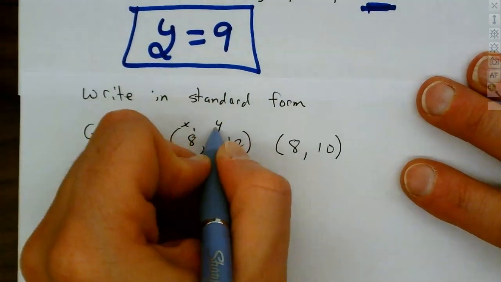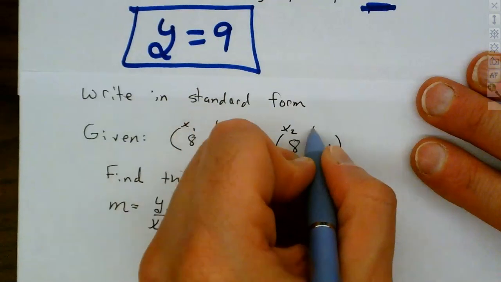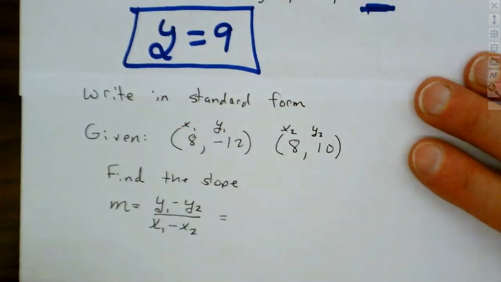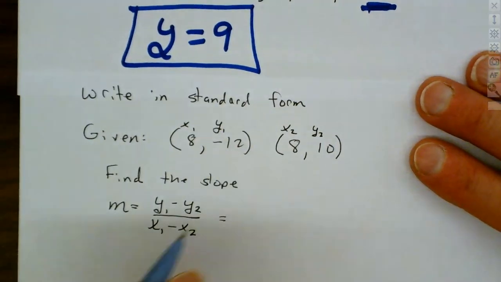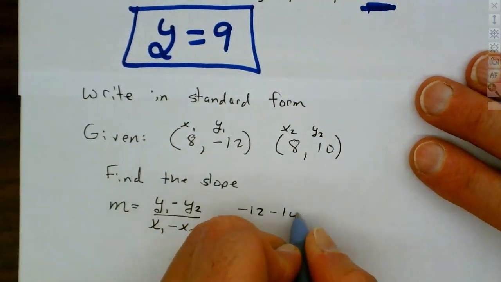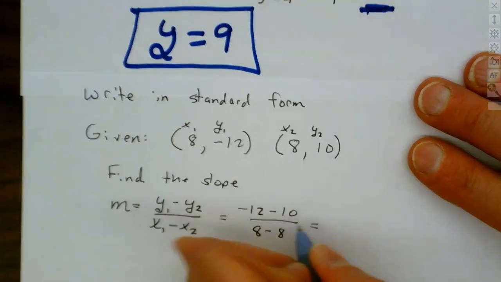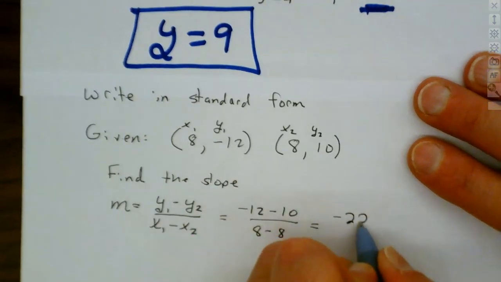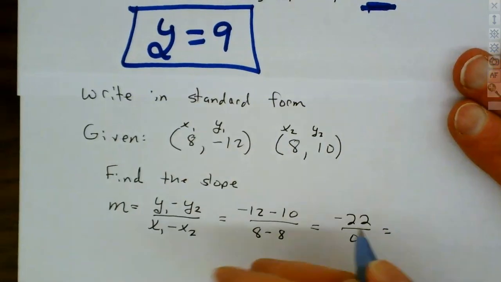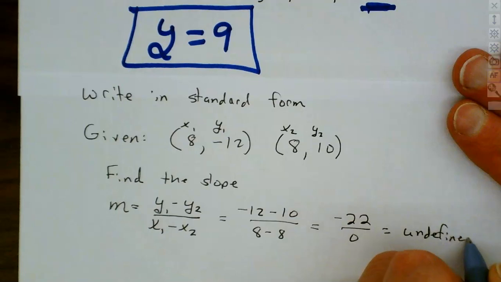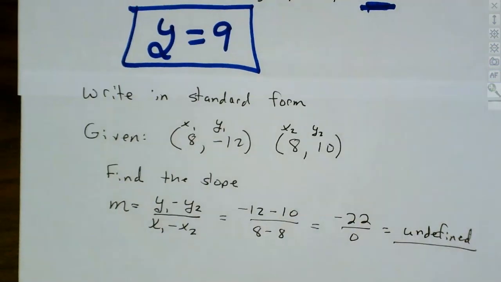And here's x1, y1, and x2, y2. Watch your signs as you fill it in. So you've got -12 minus 10 over 8 minus 8. That makes it -22 over 0. And that is not 0, that is undefined, right? So that is going to be undefined.